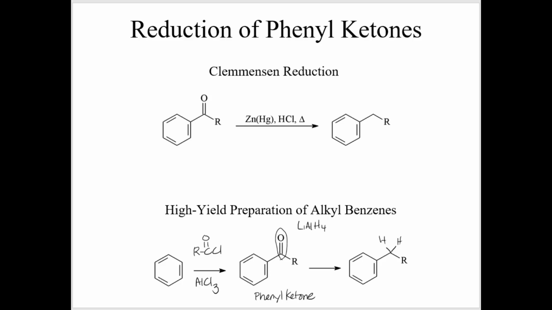And one of them is called the Clemmensen reduction. So the Clemmensen reduction takes a zinc-mercury amalgam. And so mercury we've talked about a little bit in terms of its toxicity last semester. It's a neurotoxin, but when you add a metal to it, you make an amalgam.